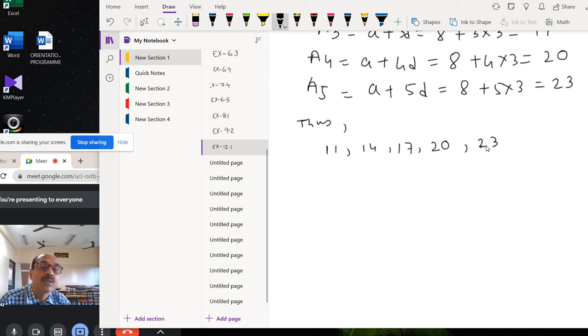They all have a common difference of 3. The question says the resulting sequence should be an AP, and since all have a common difference of 3, it is a perfect AP series.